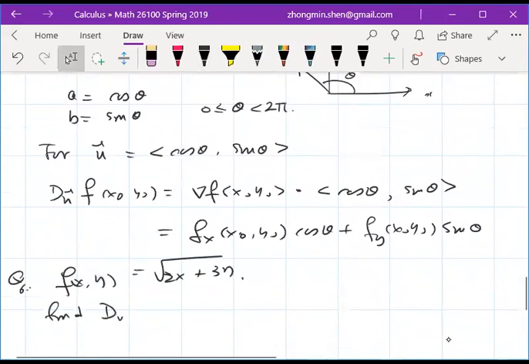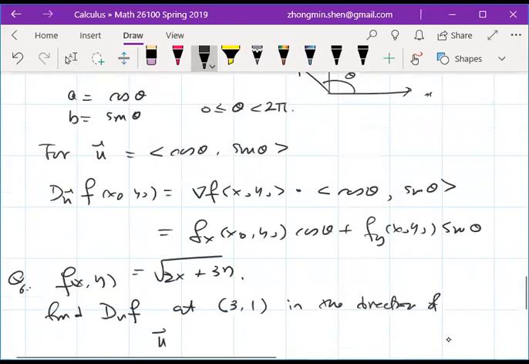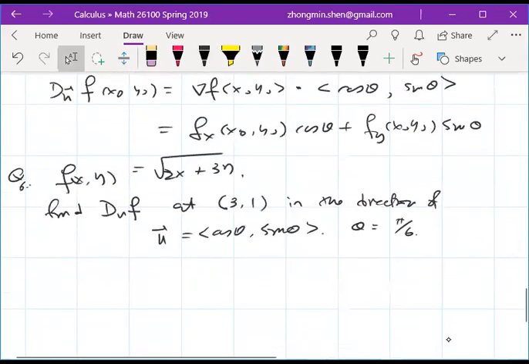Find the directional derivative at the point (3, 1) in the direction of u, where you are given the angle only. Theta is pi over 6. This is the direction indicated by this angle.